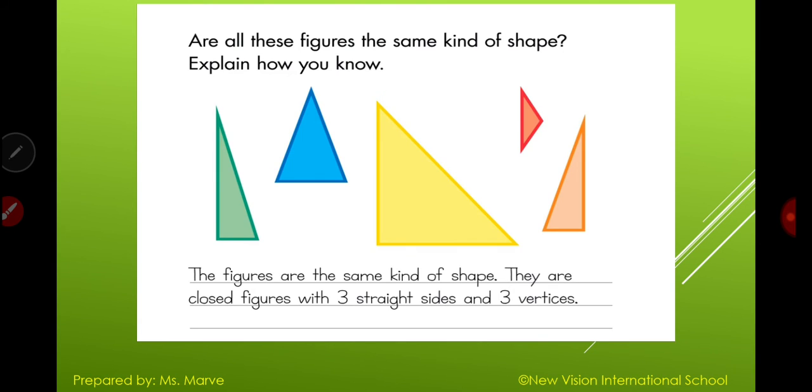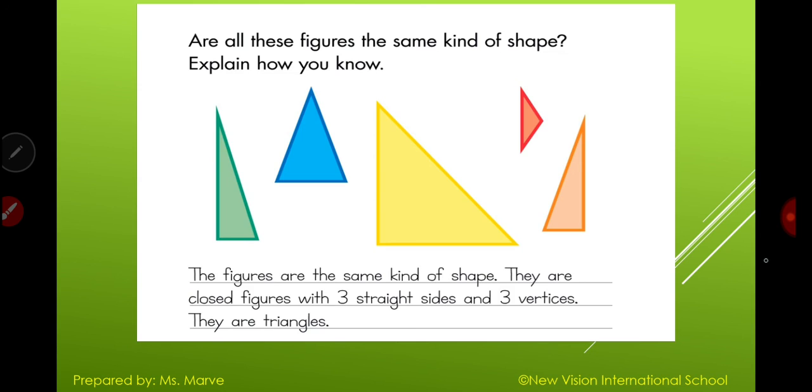Listen and look for other students who say that the figures are all the same kind of shape because they are all closed figures with 3 straight sides and 3 vertices. They may even name the figures as triangles. Listen for some of these students to point out that the shapes have different colors, sizes, and position, but all of them are triangles.